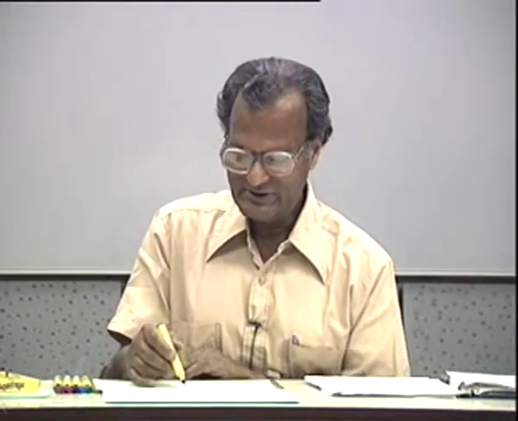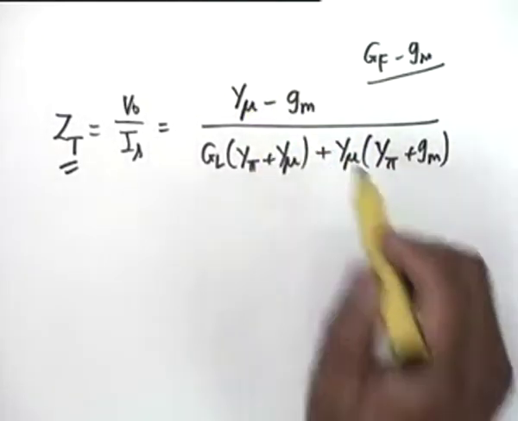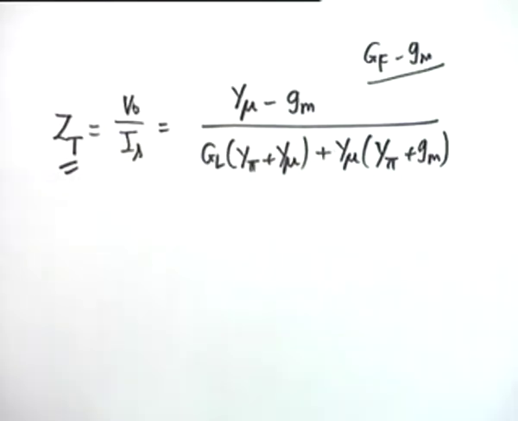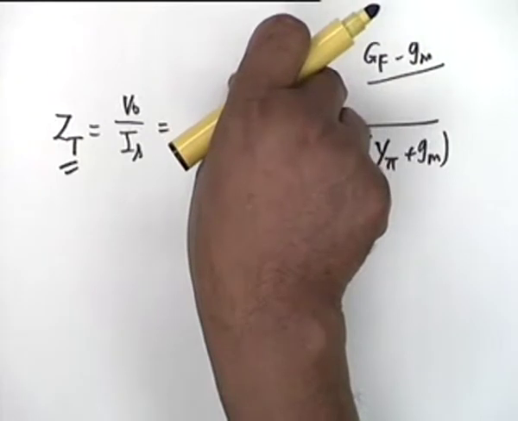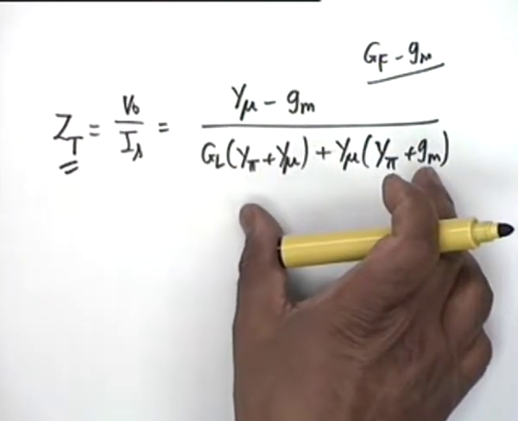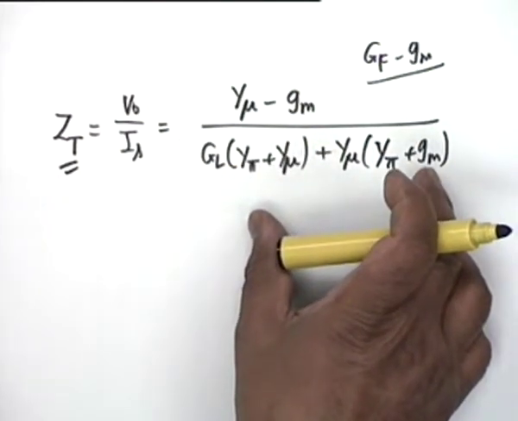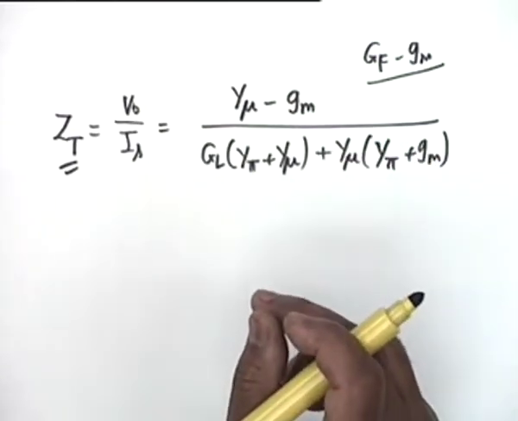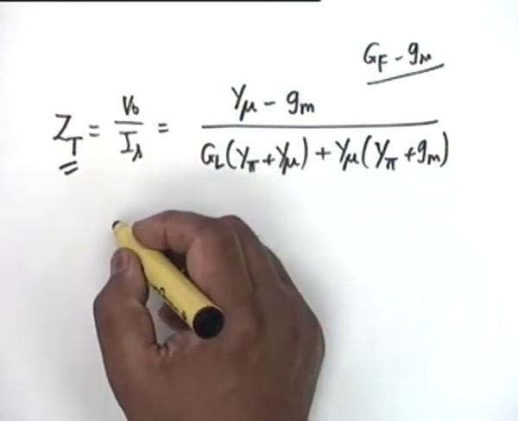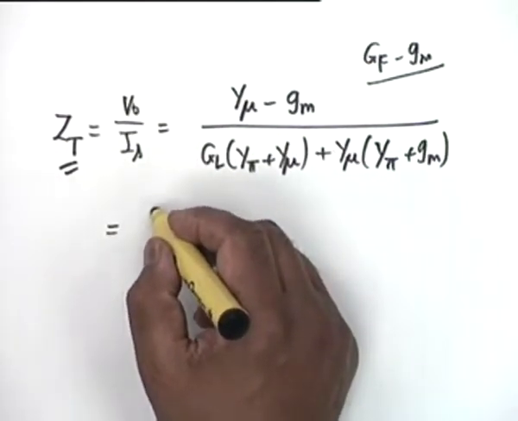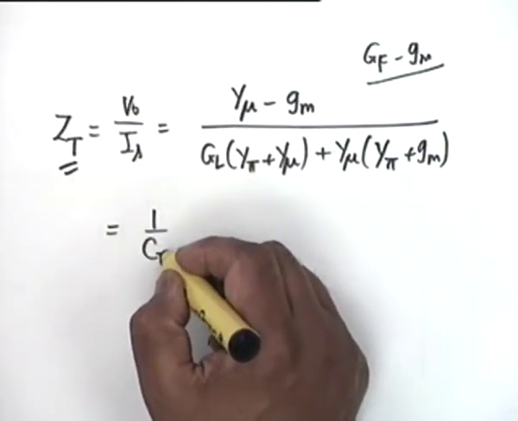Now, if I substitute for Y mu and Y pi, obviously I shall get a linear polynomial here, and what will be the order here? 2. So it's a linear divided by quadratic polynomial, and by taking the constants out, I can obviously put it in this form. I can put it in the form 1 by C pi.